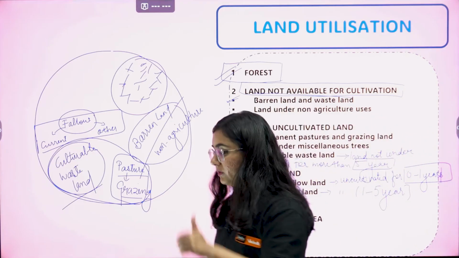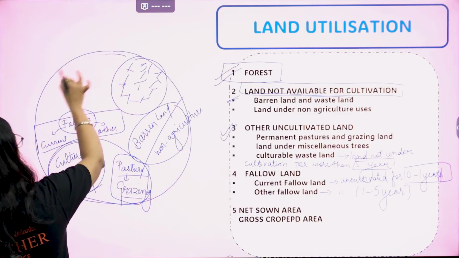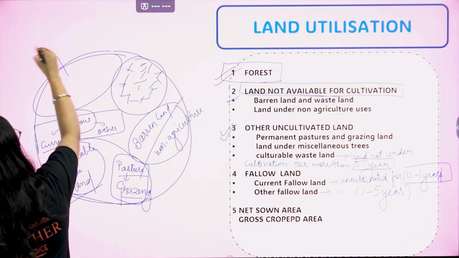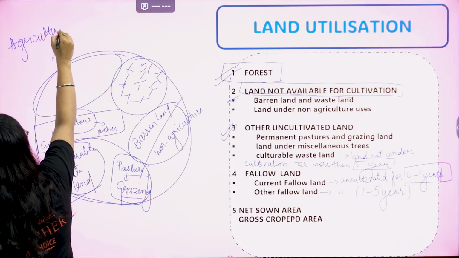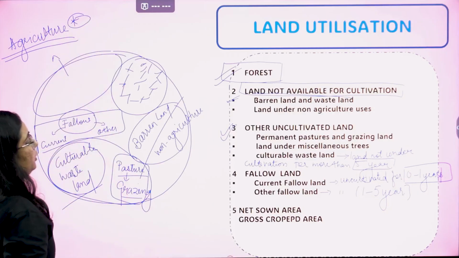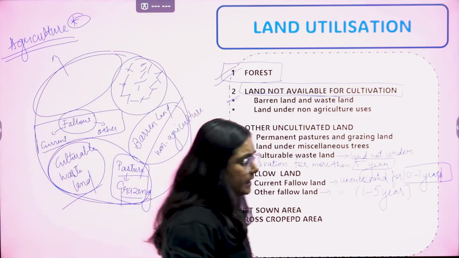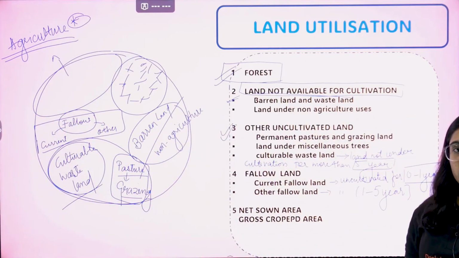I hope so. Now, what is left, ma'am? The land that is left for agriculture purpose, because we know that this is the most important use of our land, right? In this use, I am going to talk about two terms.